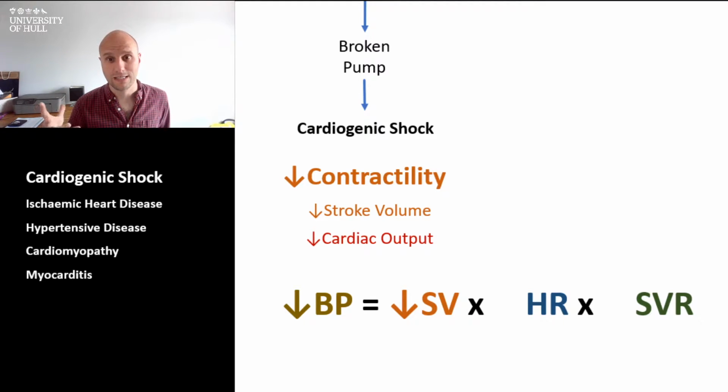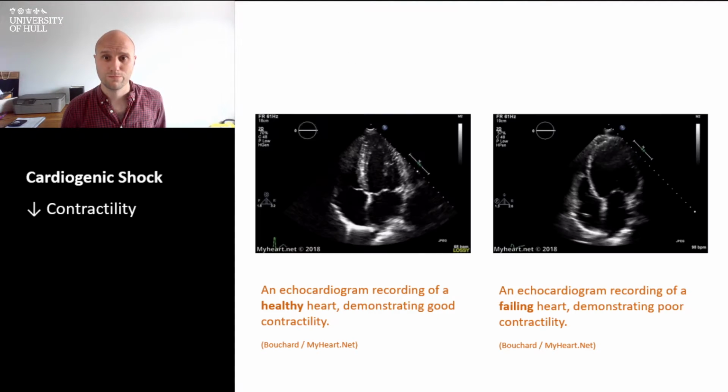If it's doing that, there's less stroke volume, so less blood is ejected each time the heart contracts. And so our cardiac output, the amount of blood ejected over a minute, is down, and consequently our blood pressure may well be down as well.